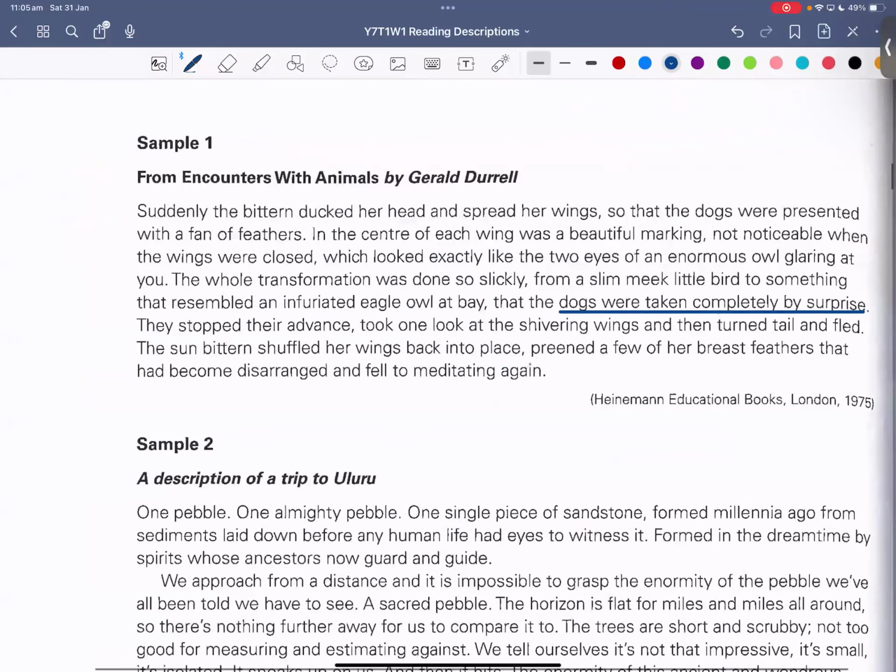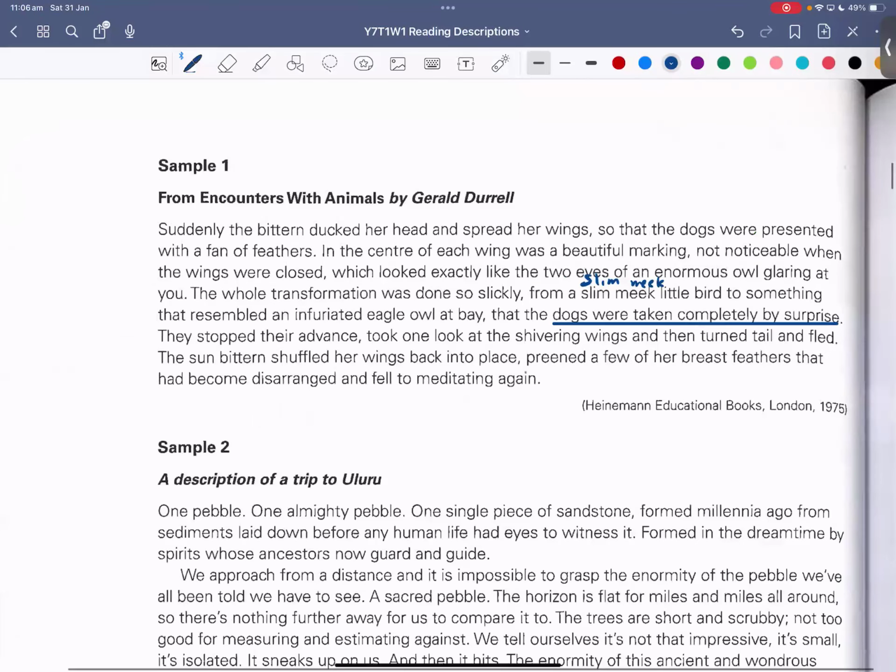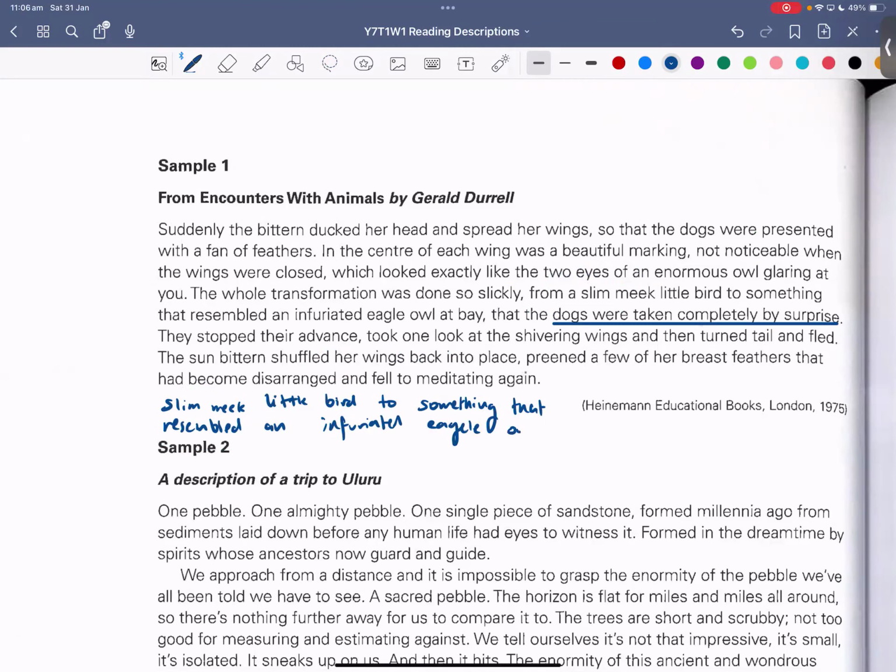Yes, so let's just use that sentence. Slim, meek, to something that resembled an infuriated eagle owl at bay. We'll just do one for now and move on.